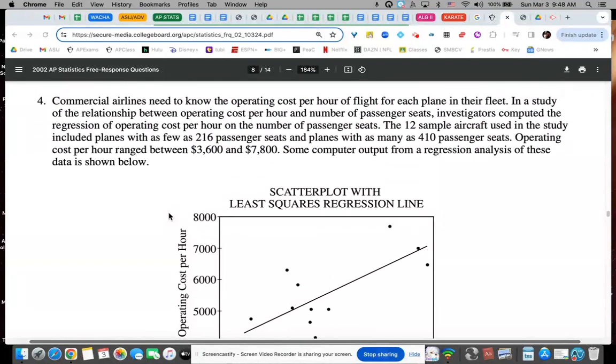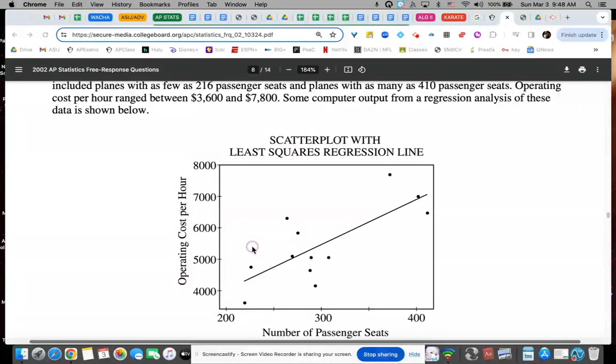Right away, I can see this is one of those problems where we have different groupings. This looks like a different group than this group, and then this group. So as I get into the questions, I'm going to be looking for the idea that this is one of those situations where I should be splitting the domain.